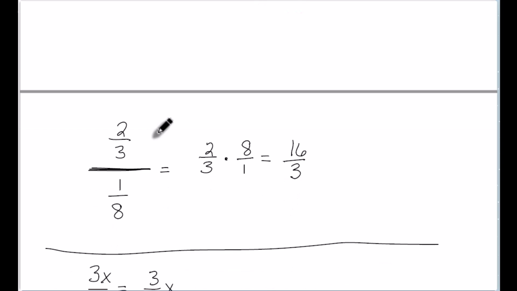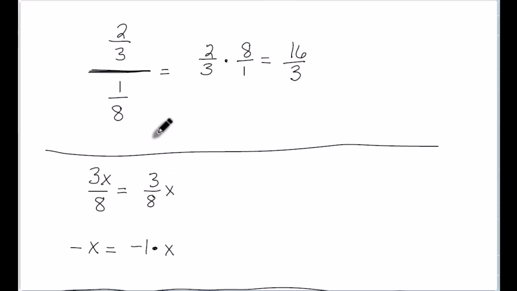All right, what about if we need to divide something? 2/3 divided by 1/8. Well, the way you handle two fractions stacked up like this, you take the top fraction and you multiply it by the bottom fraction flipped over.